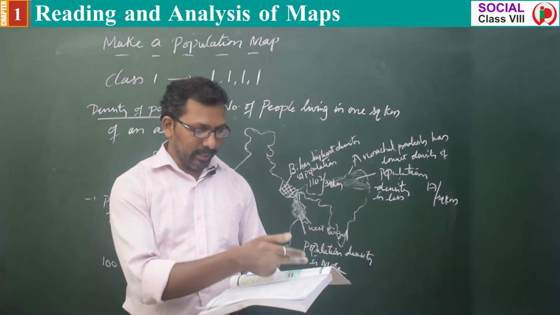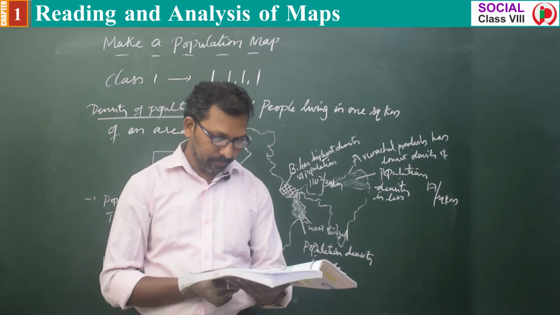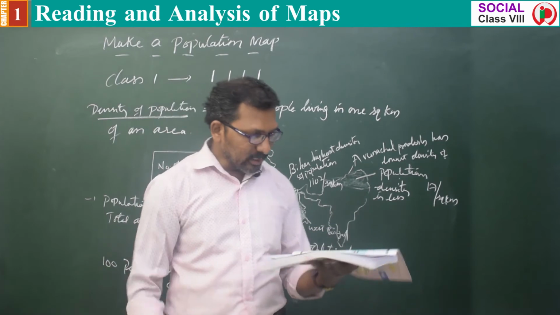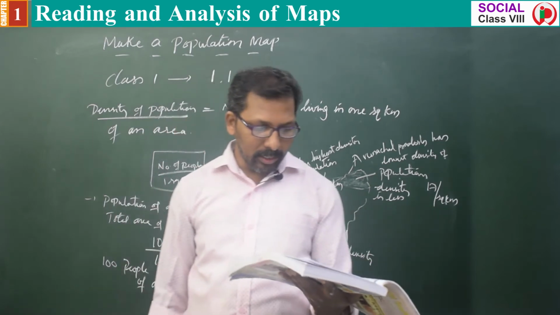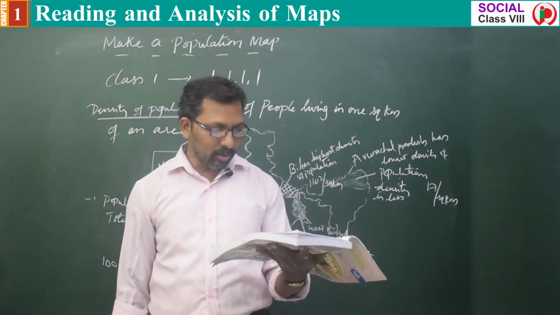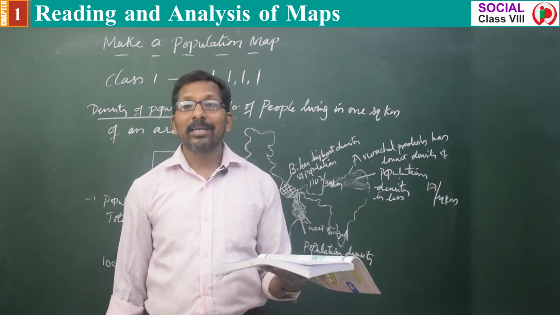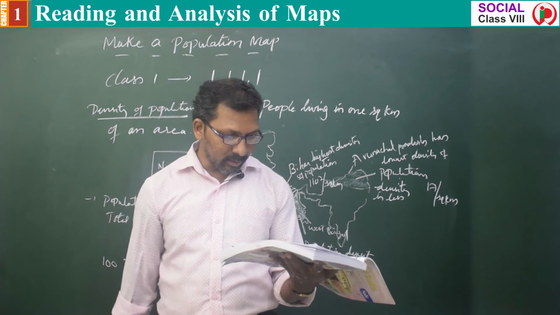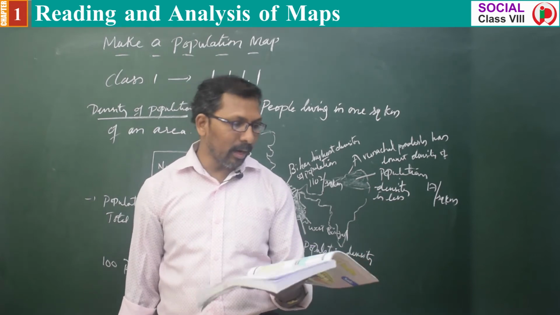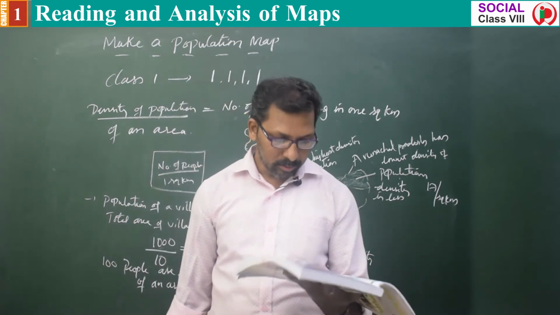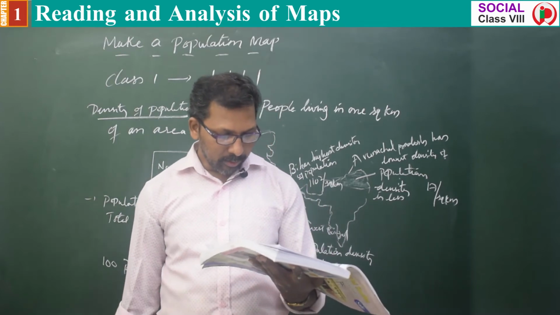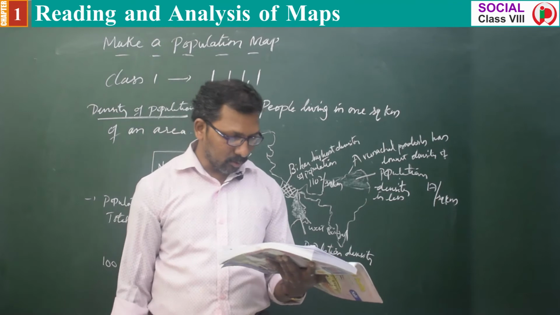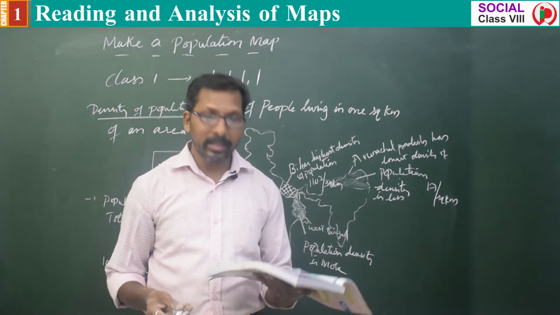Okay, and you can see the other things also that have been given. As noted here, as per the census 2011, the density of population of Jammu and Kashmir is a consolidated figure of the newly formed union territories Jammu and Kashmir and Ladakh, right?